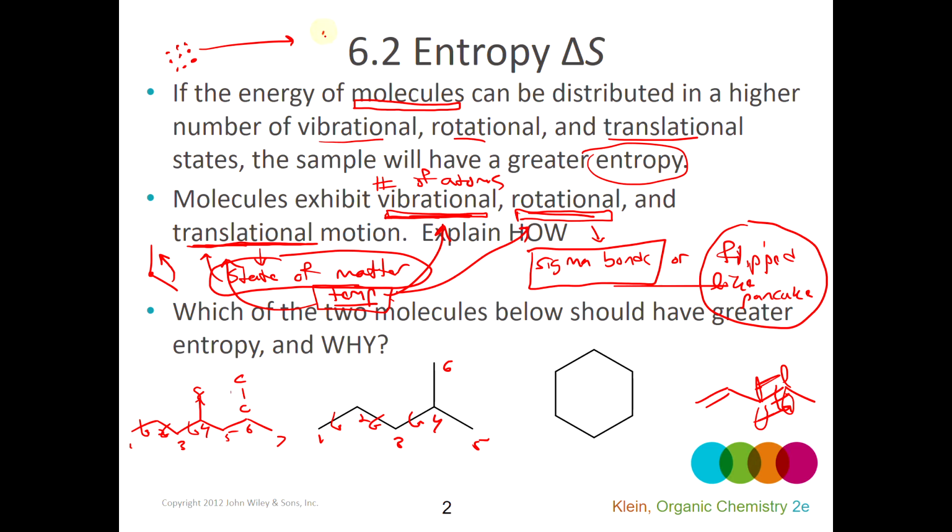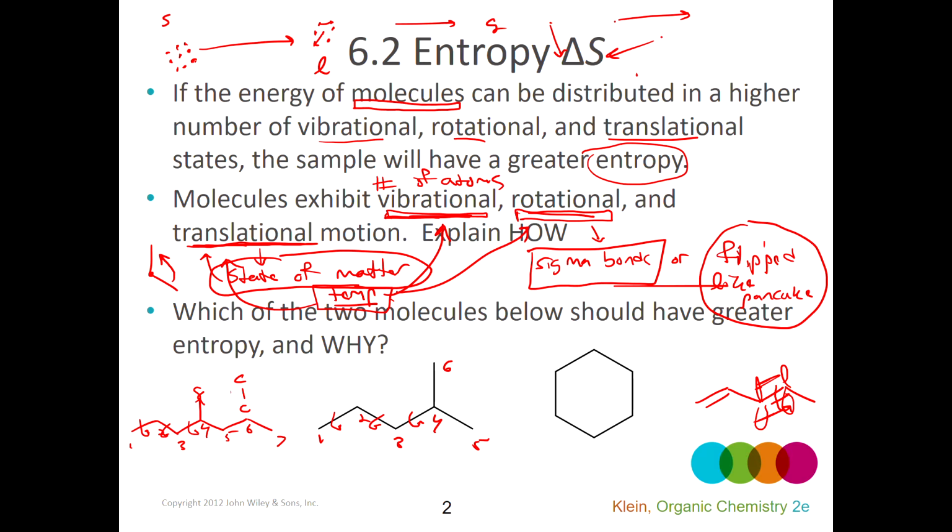So in a liquid, the particles are attracted, but they can still slide around past one another, so there's some translational motion and there's some variety. But then obviously in a gas, the particles are separated and they're all flying through space independently at high speeds. So there's much more translational variety if my molecules are moving around than if they're just sitting still and only vibrating a little bit.